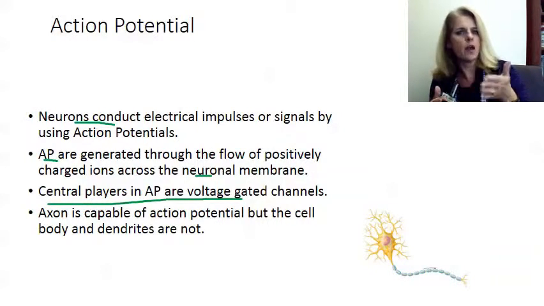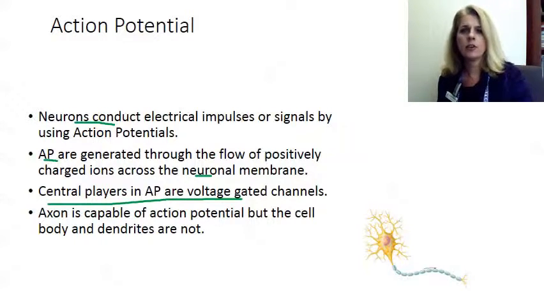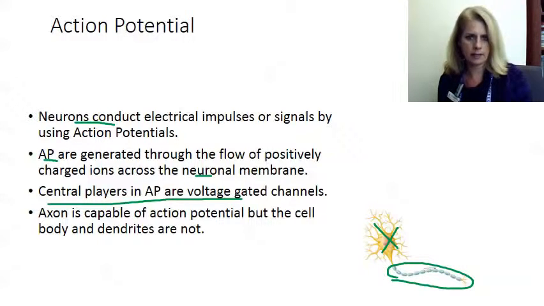When the gate opens, the protein opens, and sodium and potassium are allowed to move across the membrane. So instead of a leak channel, you have a voltage-gated channel. Now in the neuron, only the axon is capable of producing the action potential. We don't see it in the dendrites and the cell body.